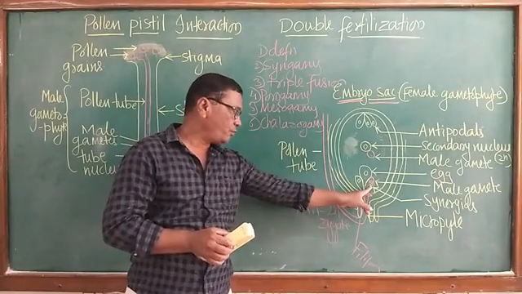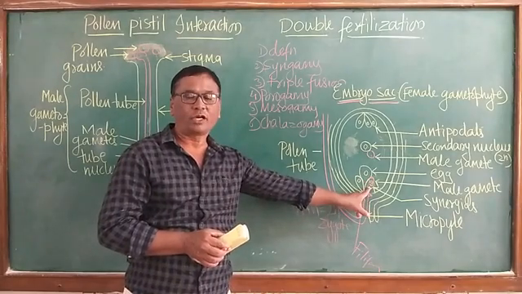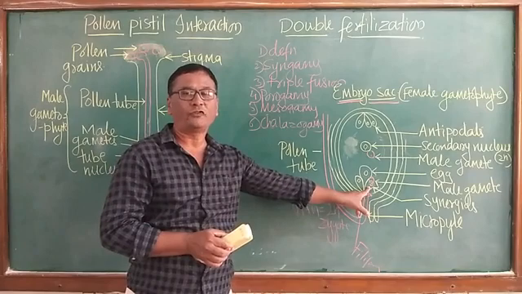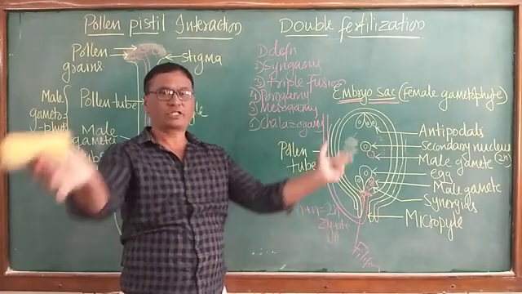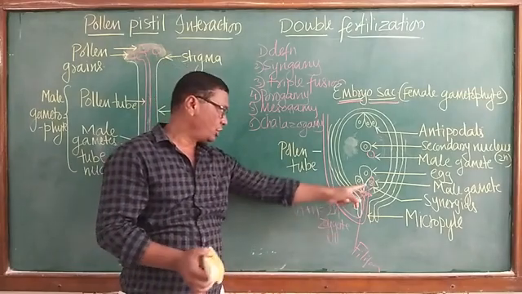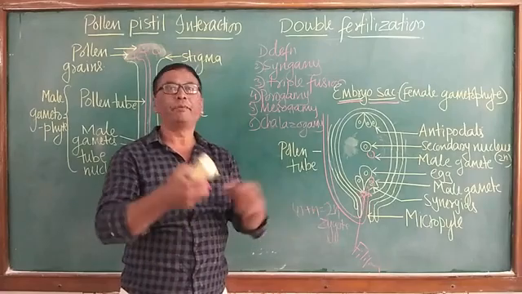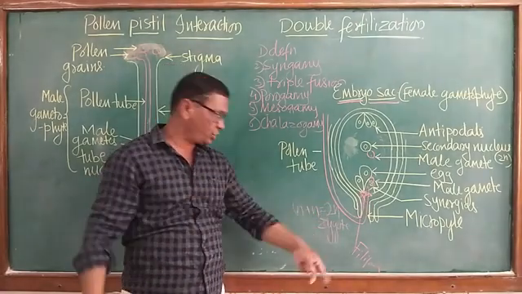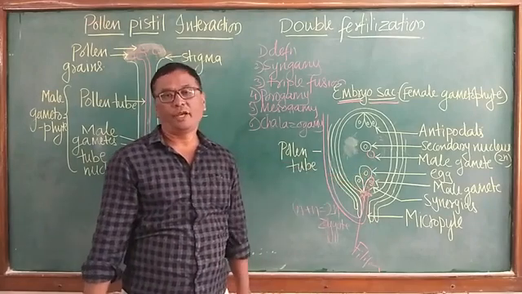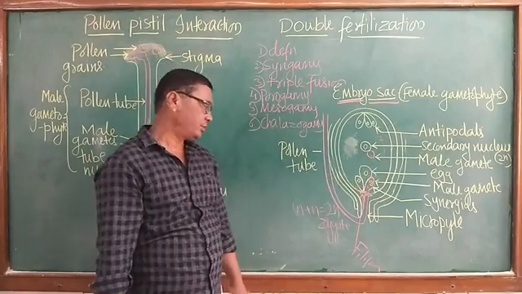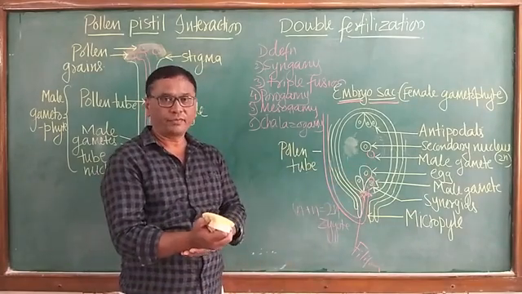When the pollen tube absorbs necessary chemical substances and water in one of these synergids, it bursts open to release the male gametes. The pollen tube breaks and bursts and throws out the two male gametes in the embryo sac, in between the cells of the female gametophyte.